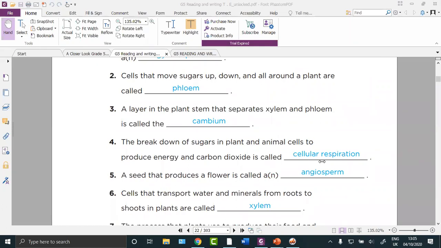Malik, lower your hand. Muhammad Khalid. Yes, mister. Number 7. The process that plants use to produce their food and give off oxygen is photosynthesis. Yes, perfect. Lower your hand. Thank you.